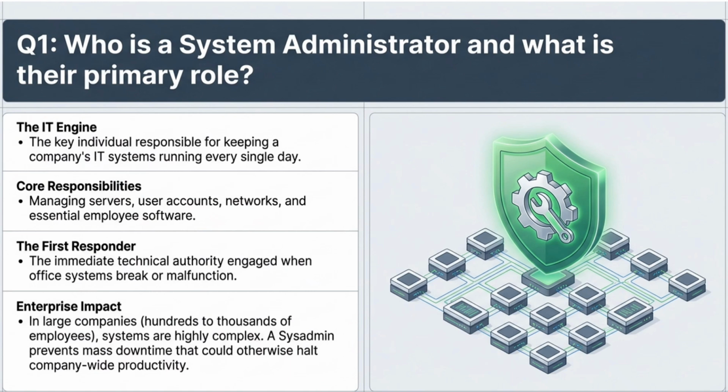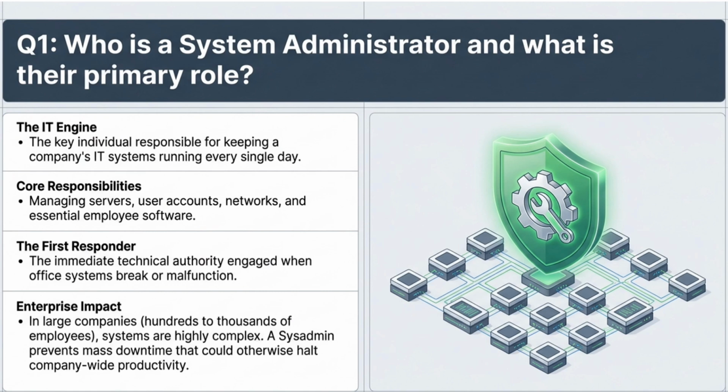First, we need to understand who is a system administrator. A system administrator, often called a system admin, is the person responsible for keeping a company's IT systems up and running every single day. This includes servers, user accounts, networks, and the software that employees use to do their work. If something technical breaks in an office, the system administrator is usually one of the first people involved in fixing it.